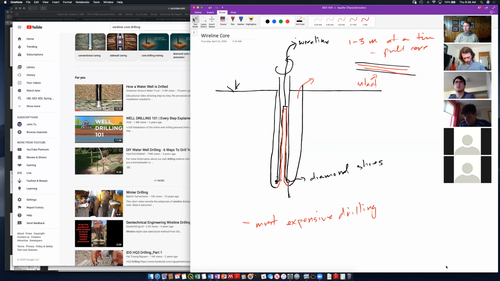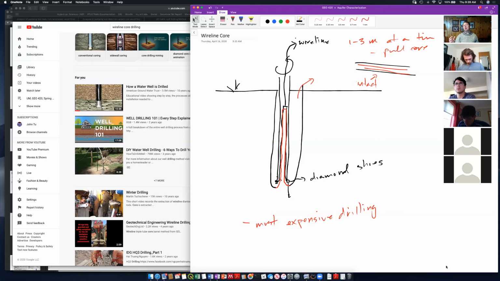Now, the nice thing with rotary drilling is I can switch. So I can drill with a tricone until I get to my depth of interest. I can trip out, I can pull off the tricone bit, I can put on a wireline coring bit, and I can go back down and I could core over the next 100 feet if that's what I'm interested in.